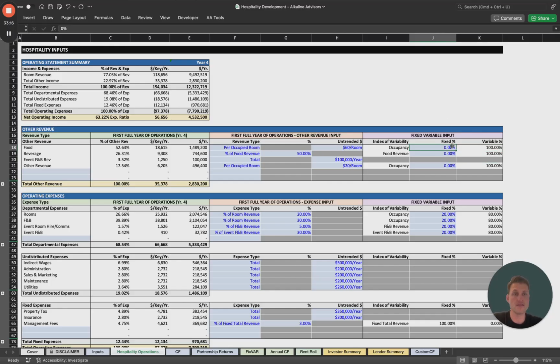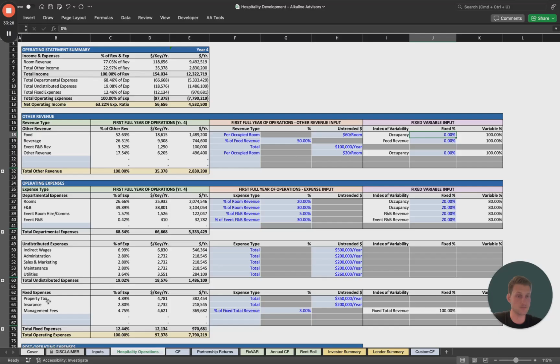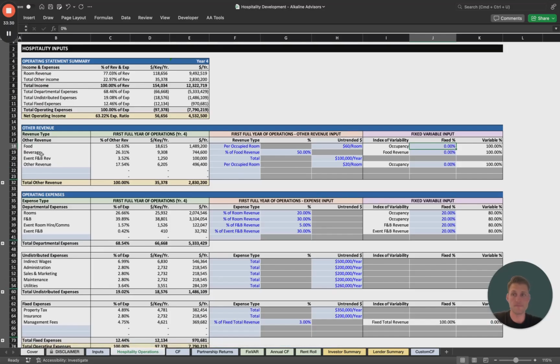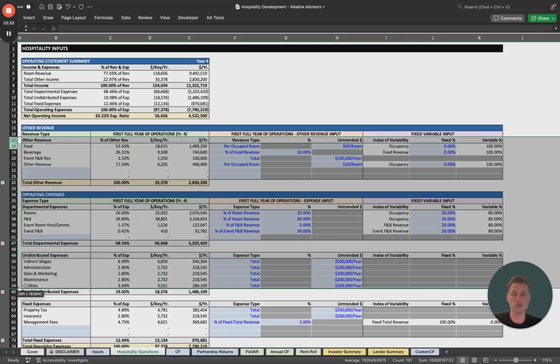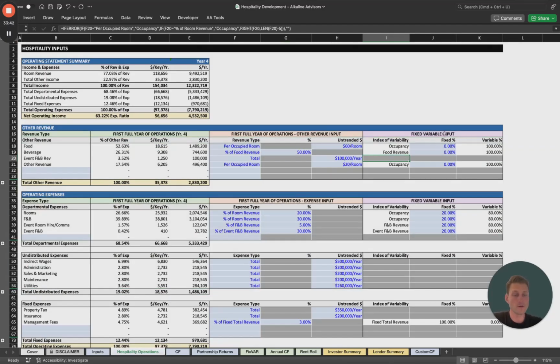And the next part of this puzzle is distribution. So I mentioned that the other revenues, departmental expenses, undistributed expenses, they all work the same versus the fixed expenses. Those work differently. The way the first three tranches of cash flows work is that essentially we are distributing whatever number we calculate across the year period monthly, based off of the occupancy percentage in a given month as it relates to the given year.